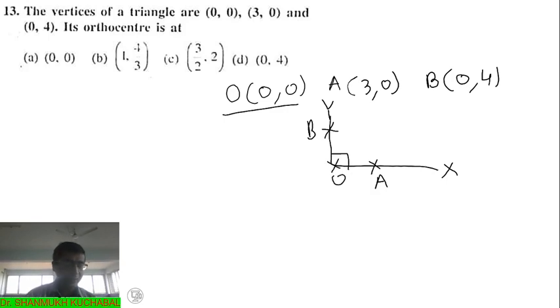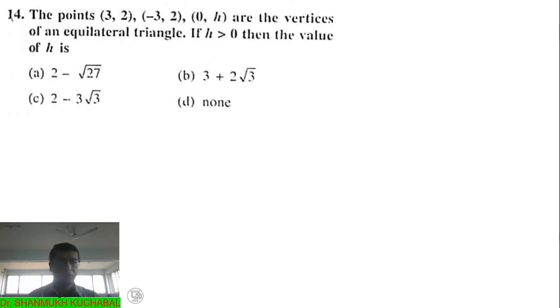See, here it will make a 90 degree angle. Therefore, we can justify that the orthocenter is the origin. It is (0, 0) because O, its coordinate is (0, 0). Therefore, option A, (0, 0) is the right answer. Okay, we'll move to our next example.